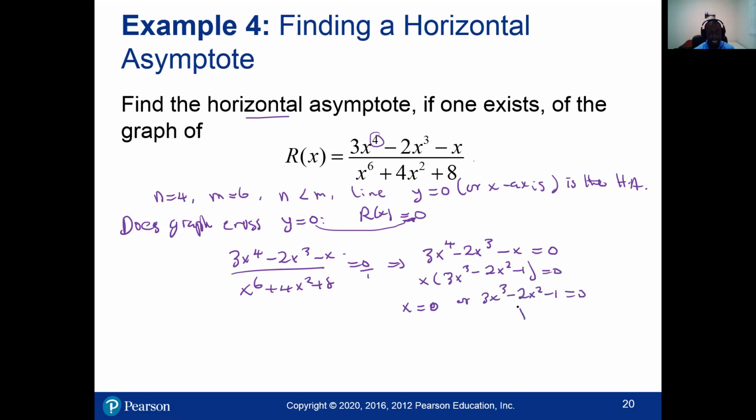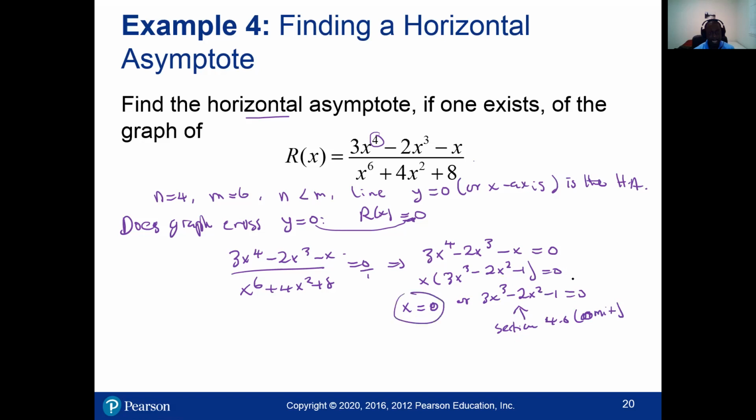Now to find the zeros of this function, it will require Section 4.6, which we omit in this class. But at least when x is equal to 0, that is the origin, this gives me one solution.